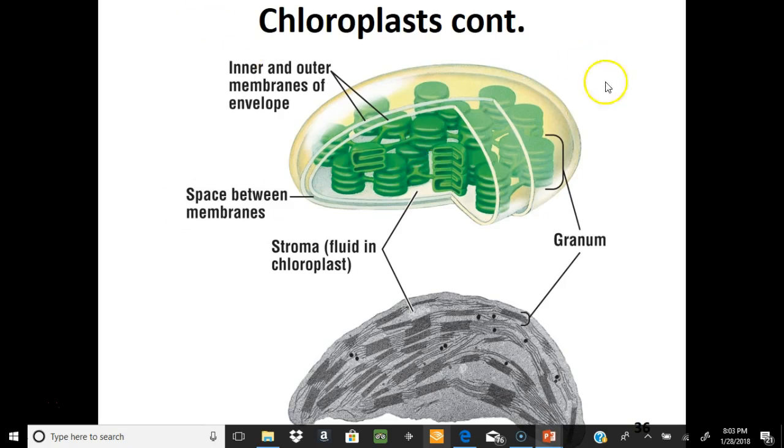So here you can see the chloroplast. These are the thylakoid membranes that are stacked in grana. Inside of the chloroplast, outside of the thylakoid, is the stroma. And so we have light-dependent and light-independent reactions occurring in different areas.